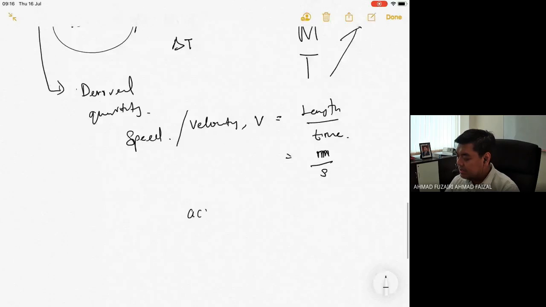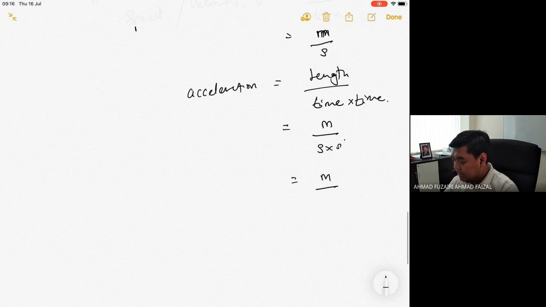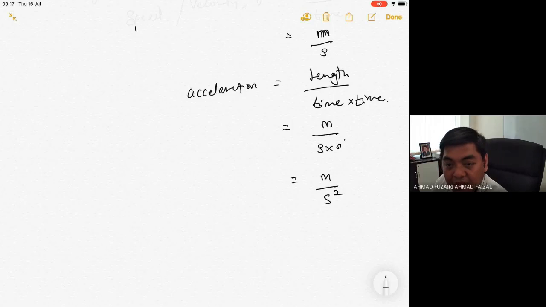Tapi kalau acceleration, the value will be the length over time times time. So that will give you m over s times s, equivalent to meter per second square. So that's why the unit for acceleration is meter per second square.